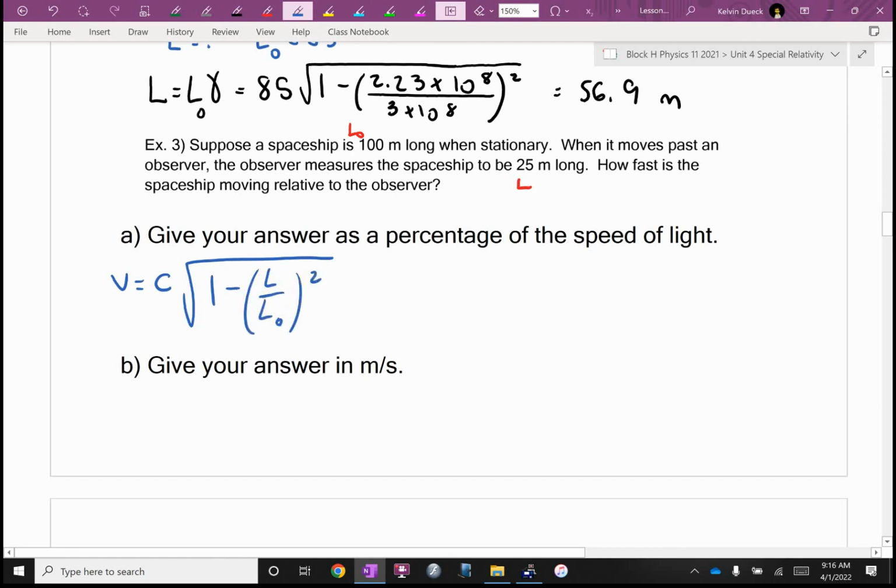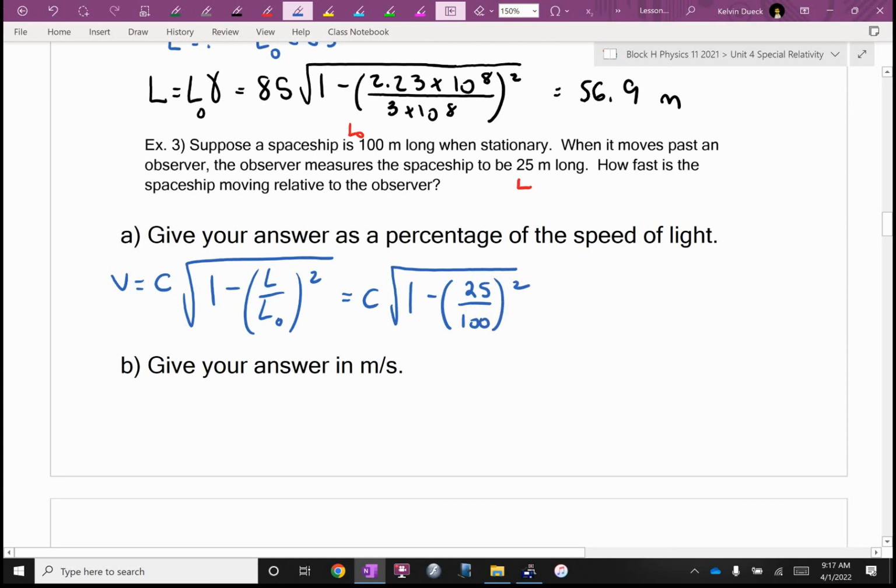Okay, and for part A, I want the answer as a percentage of the speed of light. To do that, I'm just going to leave the C as a C, but I'm going to evaluate the actual square root. 1 minus 25 over 100, all squared.